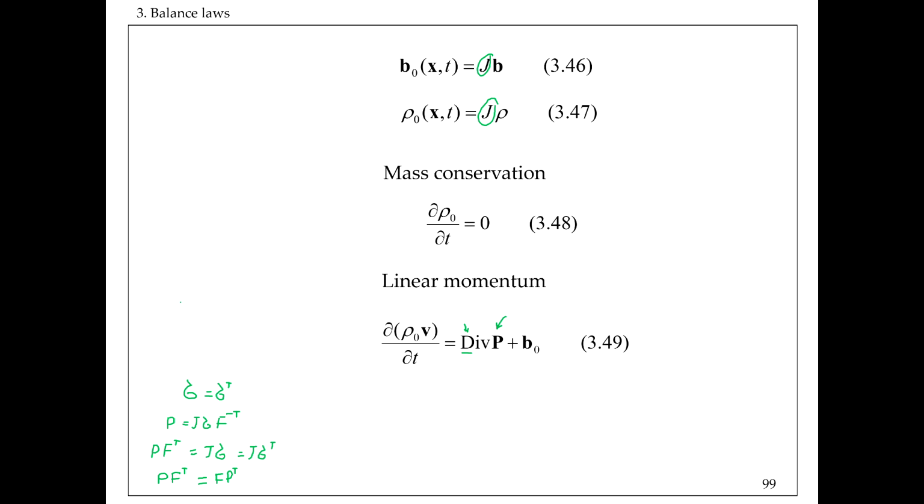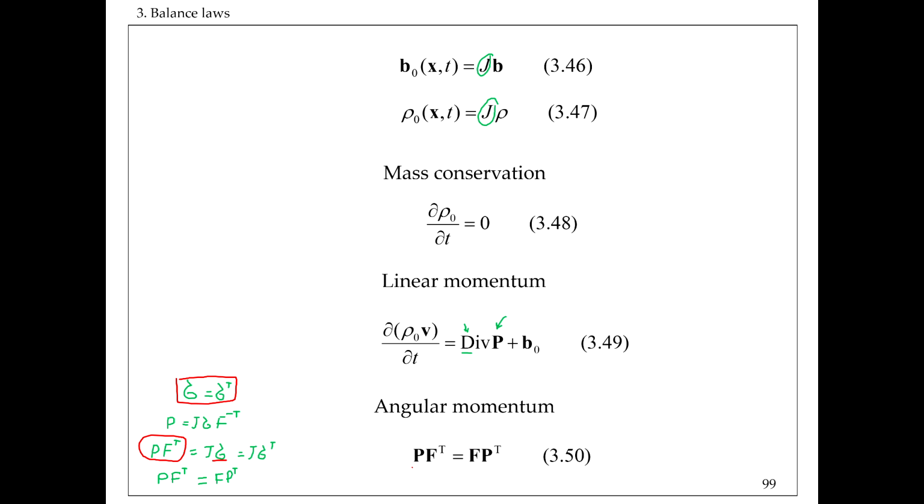What we need to ensure here is that this term, P F transpose, is symmetric. Why? Because sigma is symmetric. So our angular momentum balance in terms of the first Piola-Kirchhoff stress tensor P is written in this form.